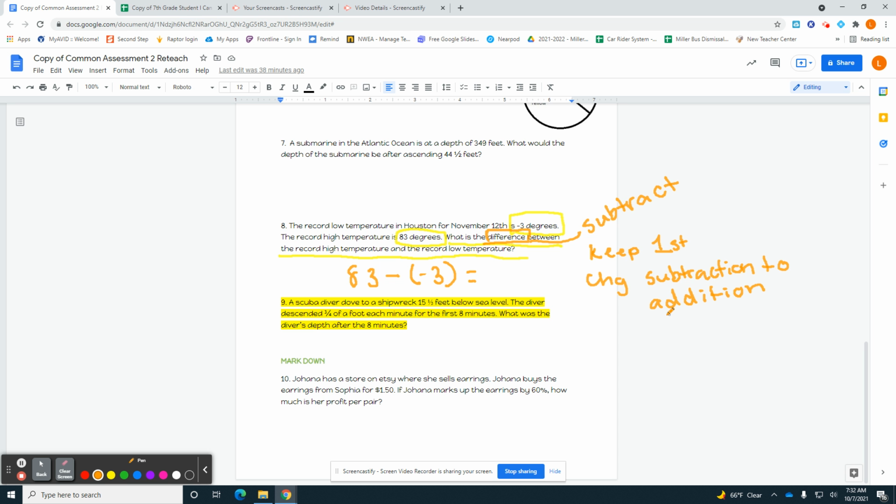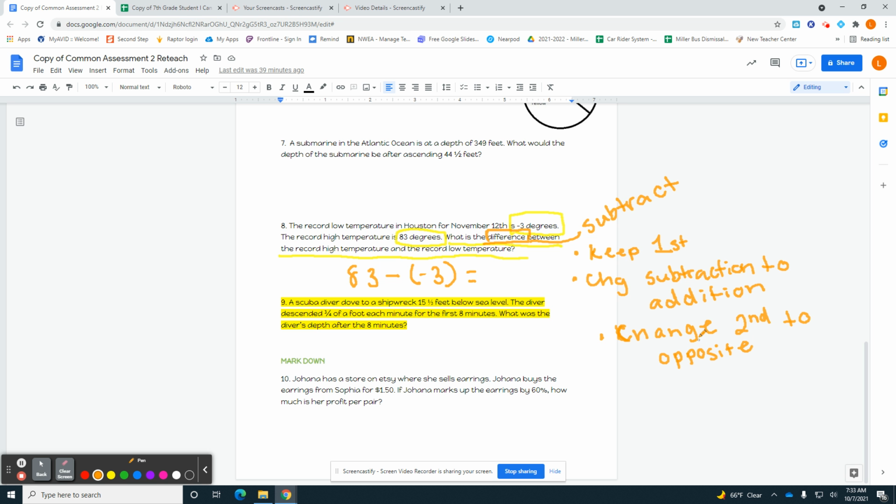and change the second number to the opposite. Okay.